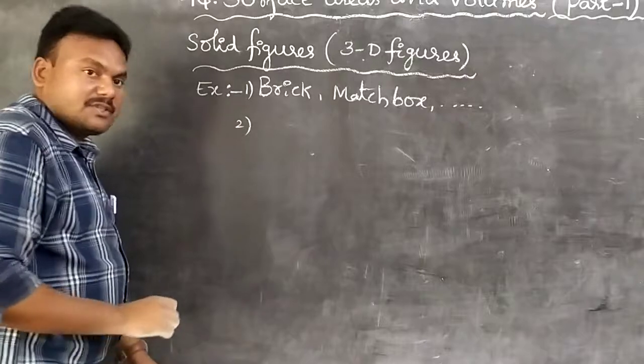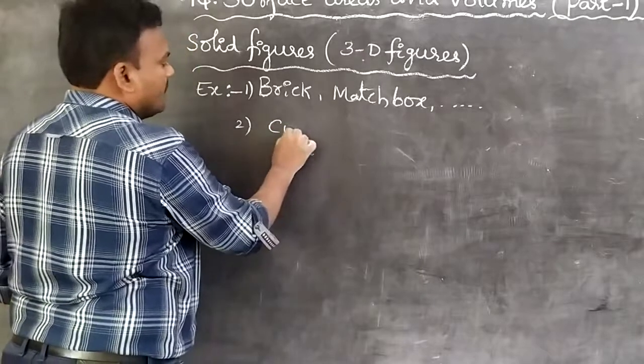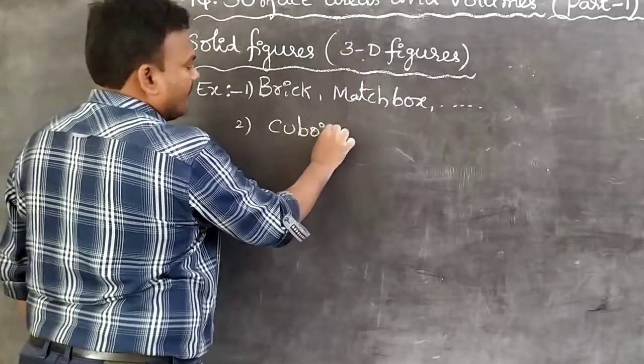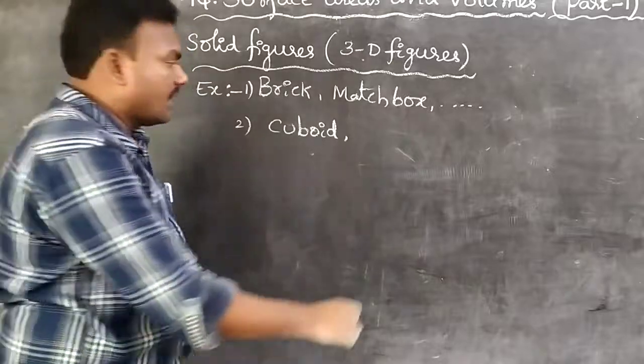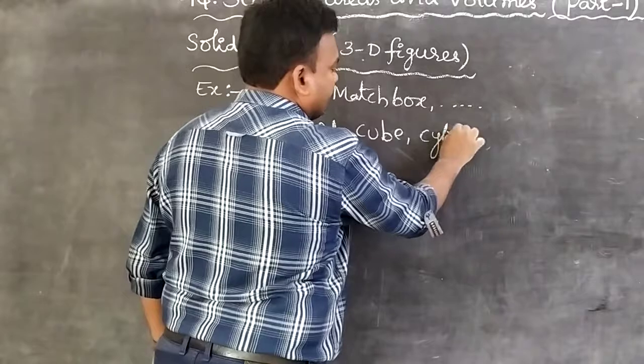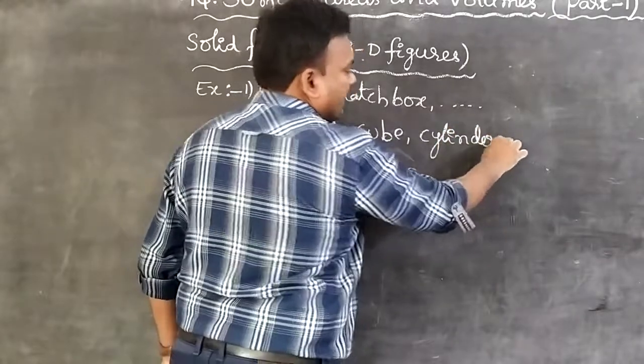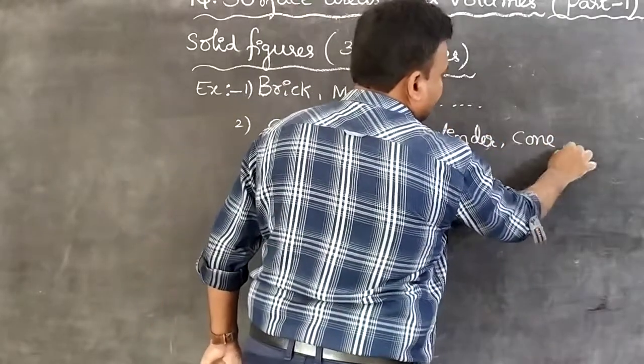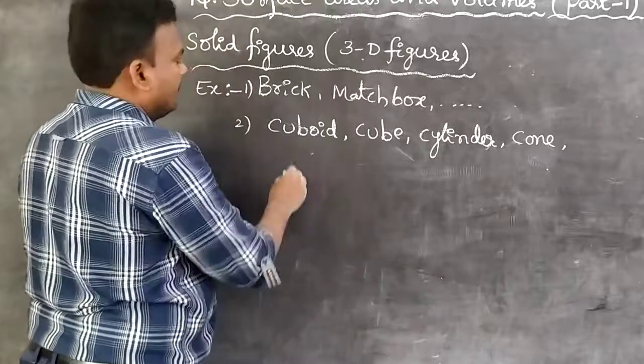And second one, observe here. Cuboid, cube, next cylinder and cone, prism.